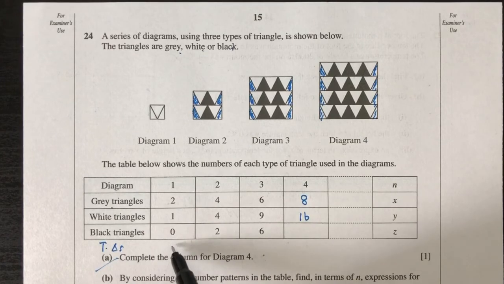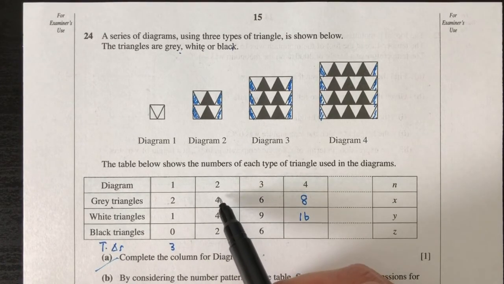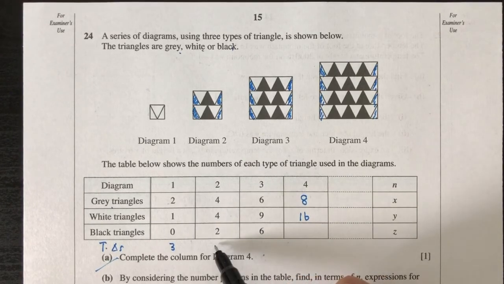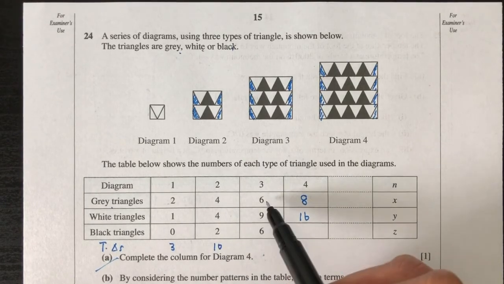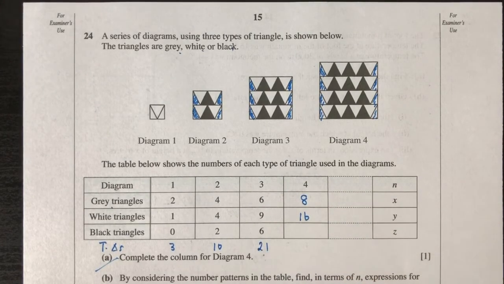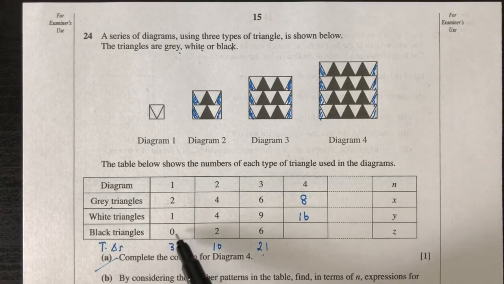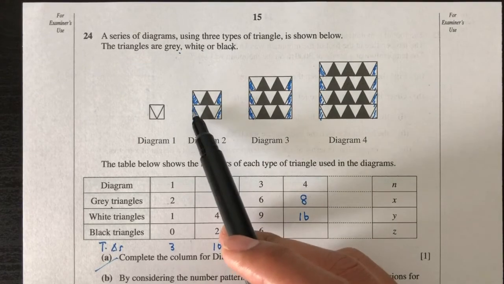If that was 3, this was, so 3 becomes 10, then becomes 6, now it's 12 plus 9, 21. Okay, so it's not constant. Let's see what we can do here. It is increasing by how much? By 2.